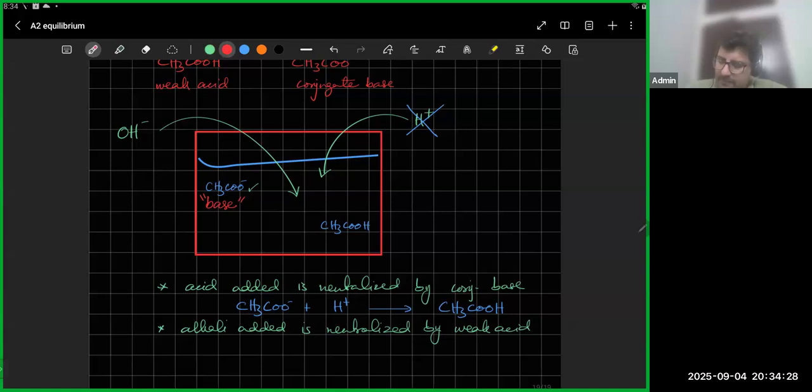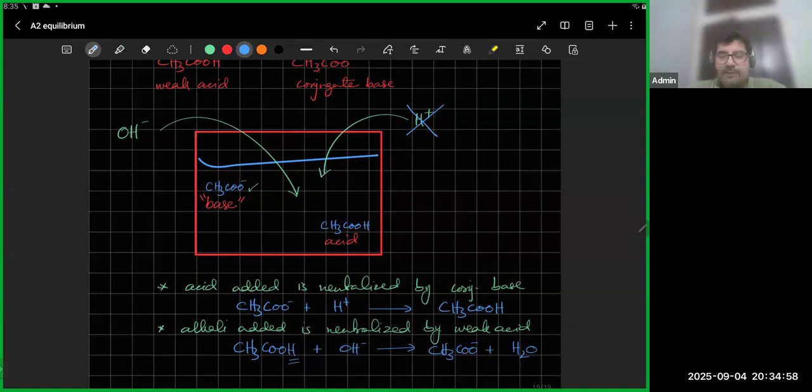This is the thing that's going to be acting as the acid. So ethanoic acid is capable of releasing an H plus 1 ion. OH ions are negative ions, capable of accepting an H plus 1 ion. So ethanoic acid is going to release an H plus 1 ion and become ethanoate ions, and the H plus 1 is going to combine with the OH ion and neutralize it. It's going to turn it into water, right?